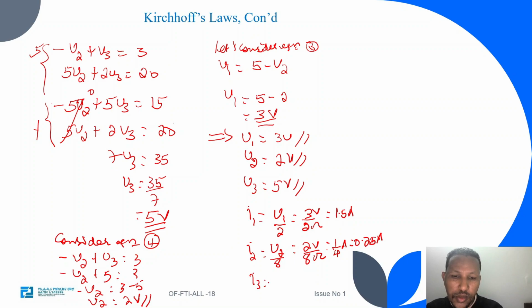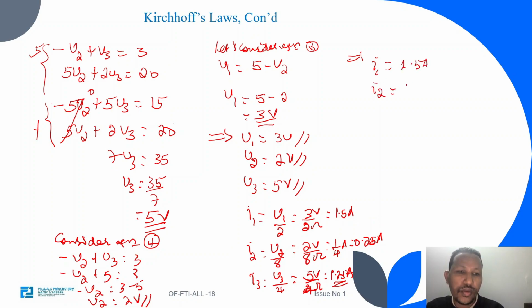And I3 is equal to V3 over 4 ohm, which is 5 volt over 4 ohm, which is equal to 1.25 ampere. So I1 is 1.5 ampere, I2 is 0.25 ampere, and I3 is 1.25 ampere.